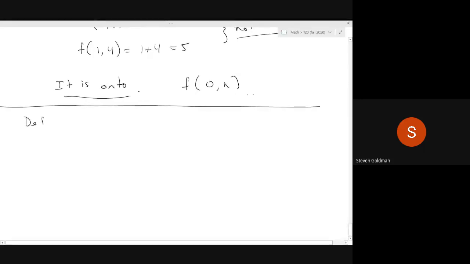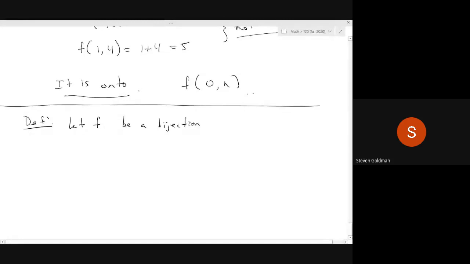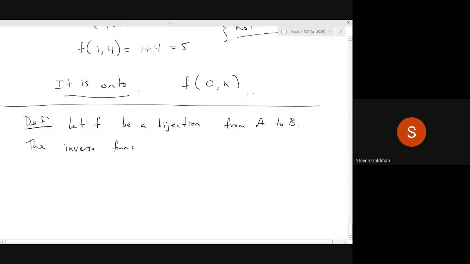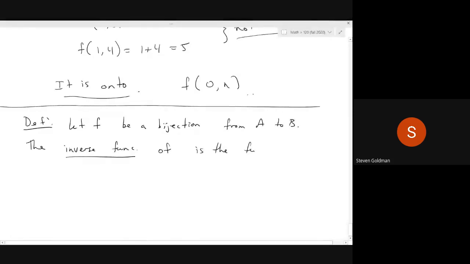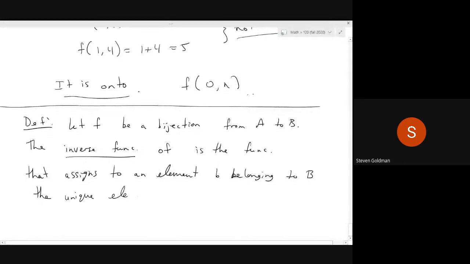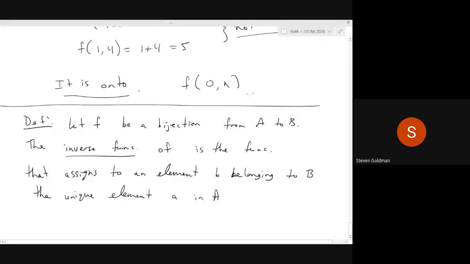Definition: let f be a bijection from the set A to the set B. The inverse function of f is the function that assigns to an element b belonging to B the unique element a in A such that f of a equals b.